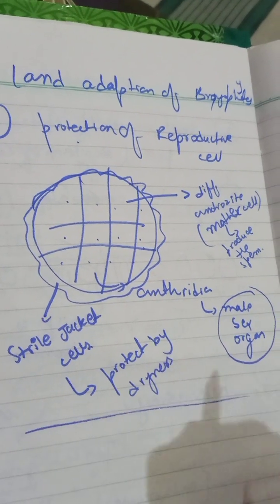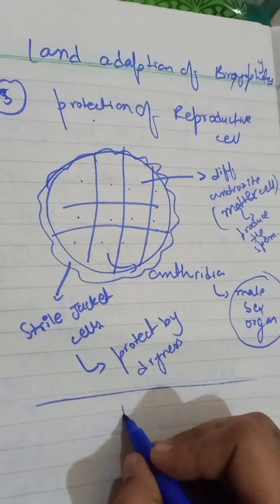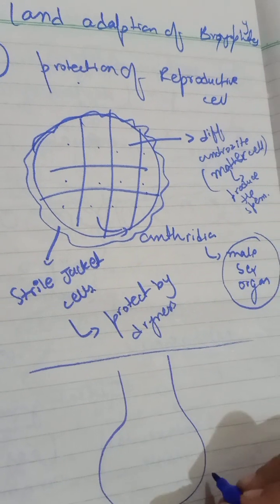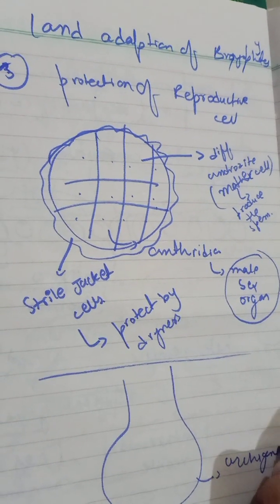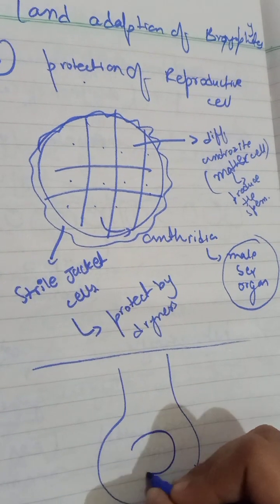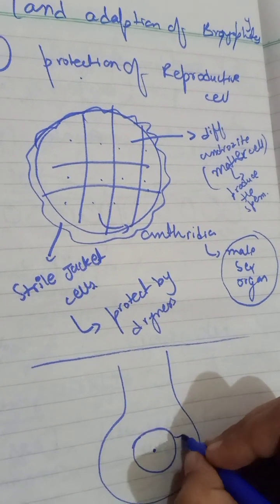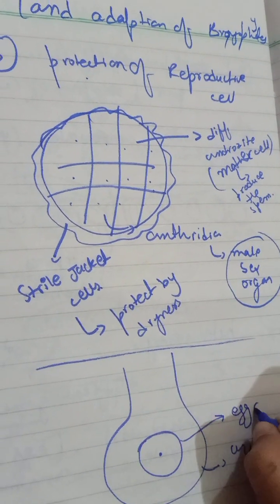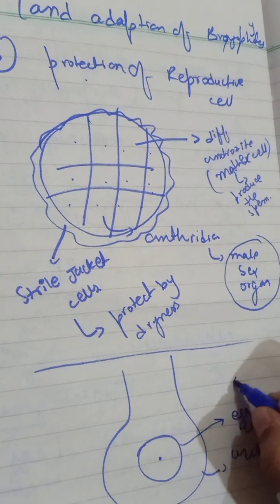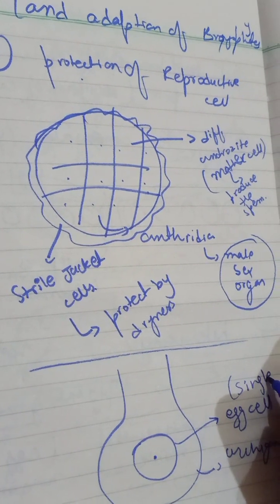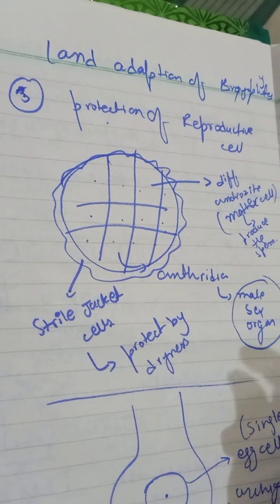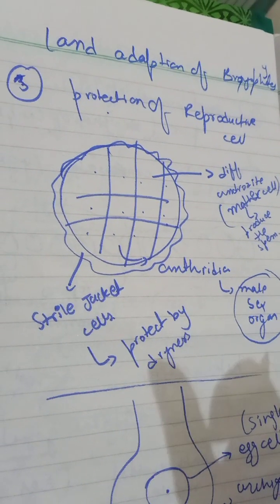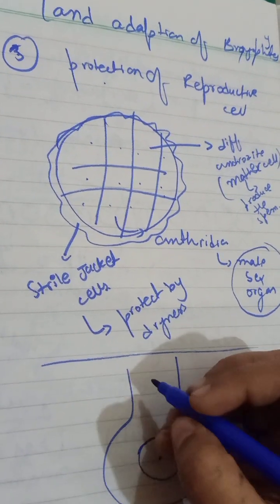Now we are going to discuss the female sex organ. This is the archegonia, the female sex organ, and this is the egg cell. The egg cell is single, while sperm are in the millions.